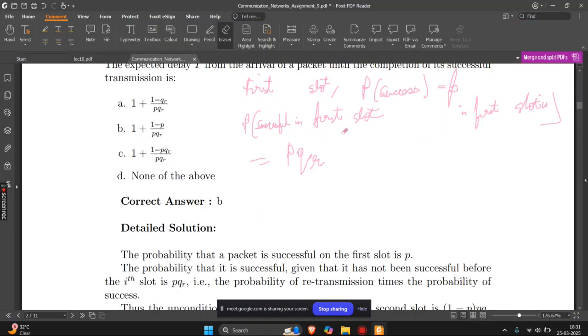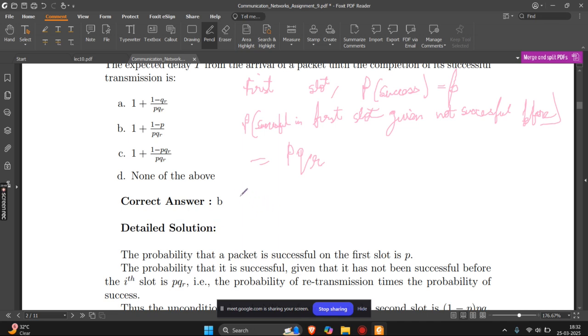So the probability that it is successful in the first slot, given it has not been successful before, is PQR.